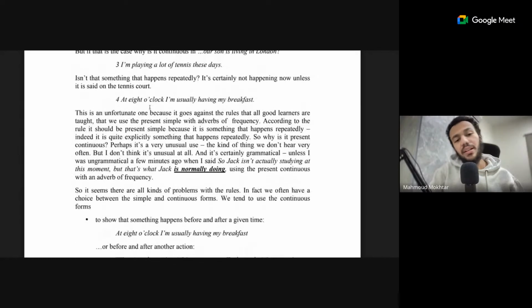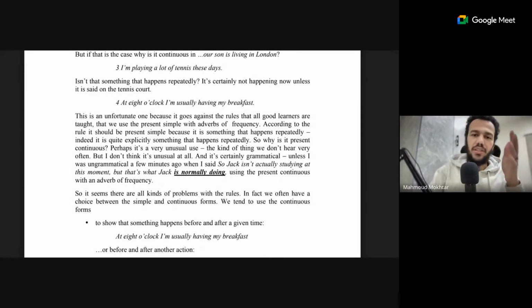Well, because you speak the language a lot as an English teacher, you listen to the language a lot. You're familiar with such a sense when you know this structure is correct, this structure is wrong, and then that makes it more difficult when you teach it to students. When you teach something like I'm playing a lot of tennis these days, why not?